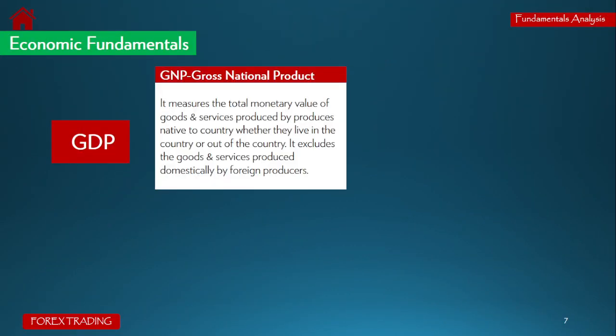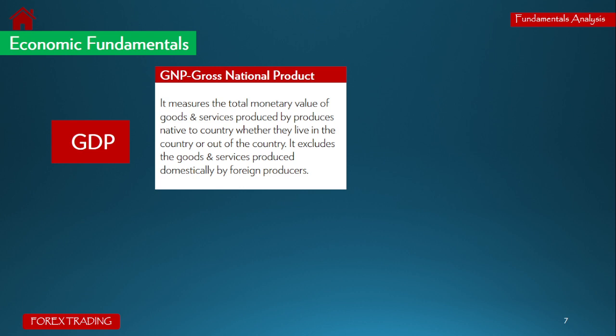And then we also hear some terms like GNP, gross national product. Gross national product measures the total monetary value of goods and services produced by the natives of the country, whether they live in the country or out of the country.